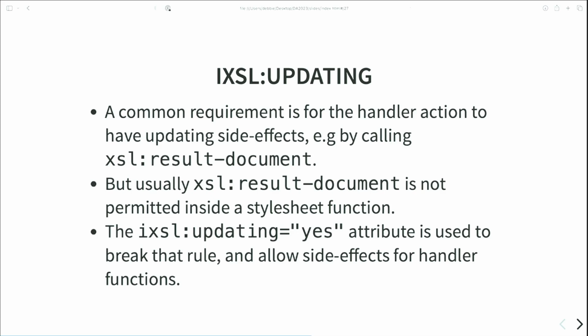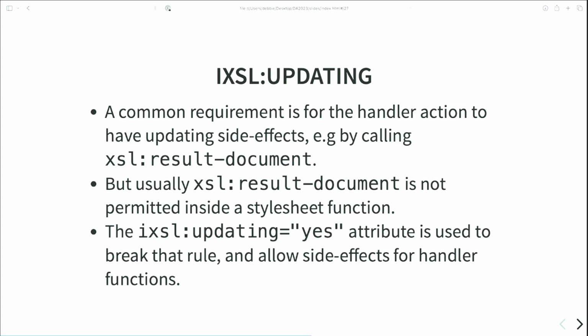A common requirement for your handler action is to have some sort of side effect. For instance, calling result-document. But the specification says you're not allowed to have xsl:result-document inside functions. You'll get a warning, you'll get an error.